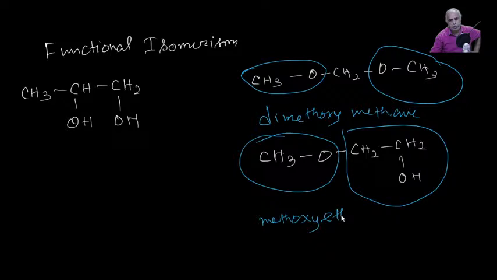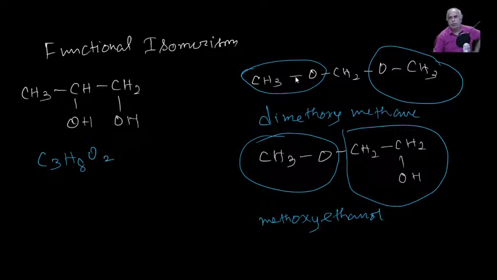Do you understand? Now in all these aspects, let me work out the molecular formula. How many carbon atoms are there? C3. And what about hydrogen? 3 plus 1 is 4, plus 2 is 6, plus 2 is 8. And what about oxygen? O2.